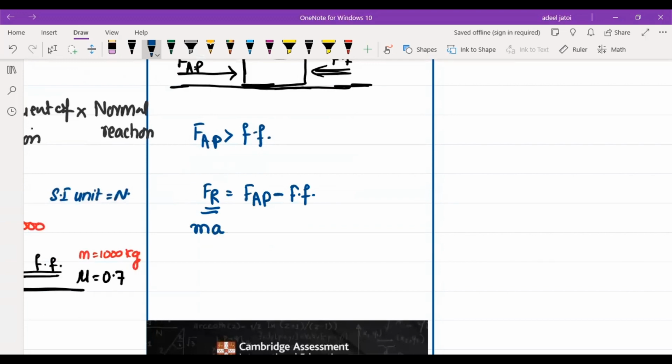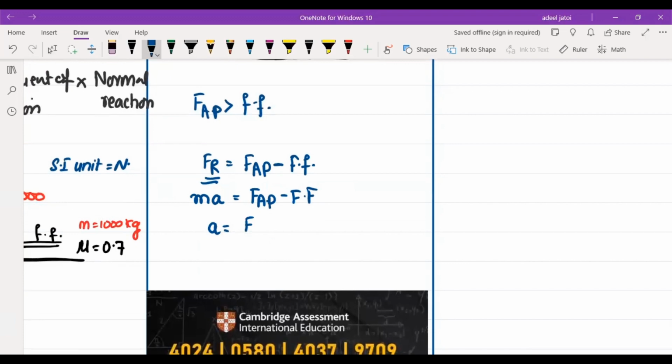Your MA. That means applied force minus frictional force. So if I want to find out the acceleration, what I need to do is take the applied force minus the frictional force, divided by its mass. So I will be getting the acceleration of this.